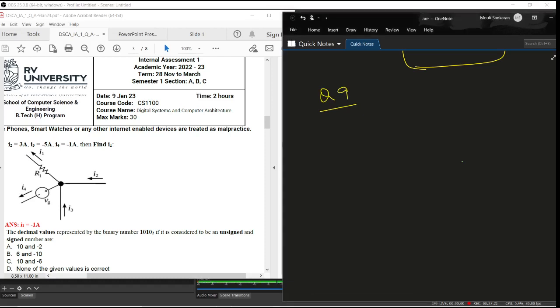We have only one number, 1010, and it is binary. The decimal value is represented by the binary number if it is considered to be an unsigned or a signed number. Okay. Now, what do I mean? We mean here, if you consider values like this, a 4-bit number.